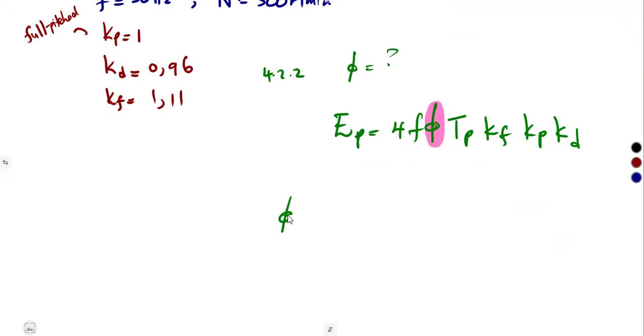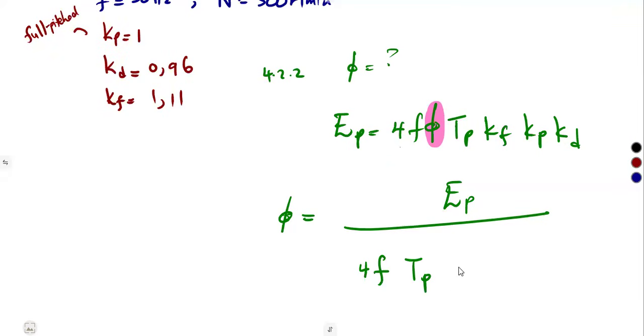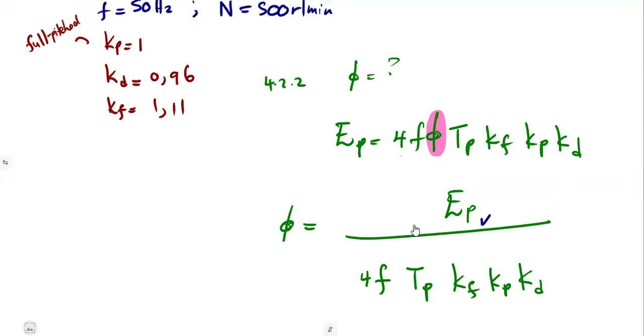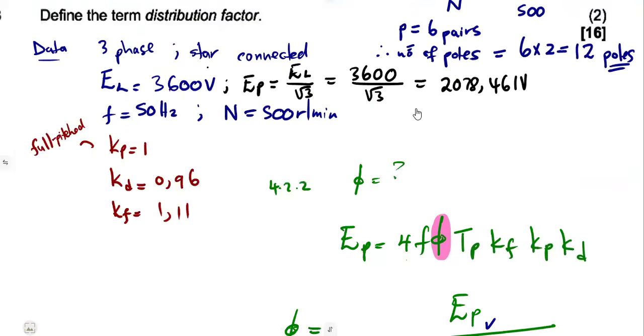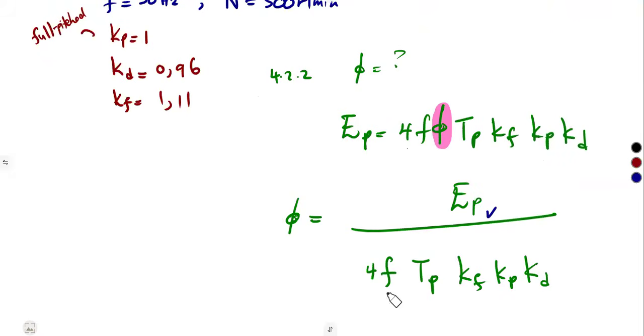So meaning to say our useful flux per pole is going to be EP over 4, frequency, TP, our form factor, our pitch factor, and our distribution factor. So the question is, are we having these? Remember EP, our phase value, we calculated it here from the star connection that we are given. The frequency is already given.